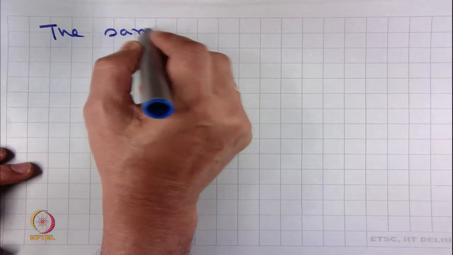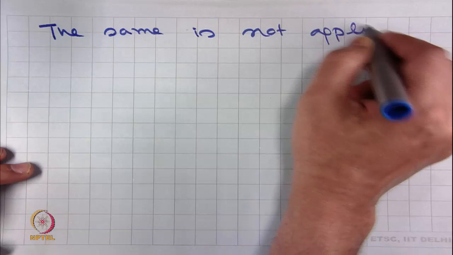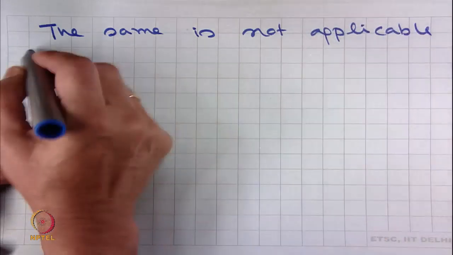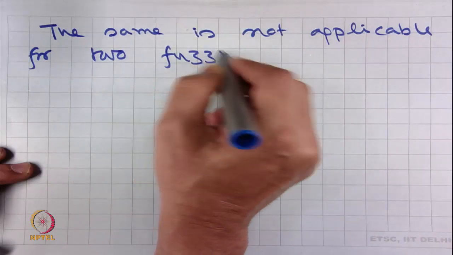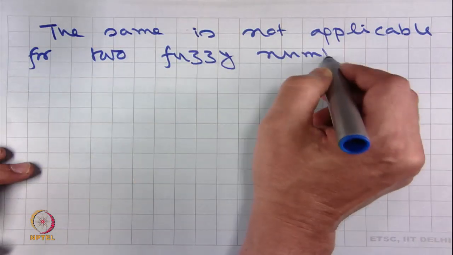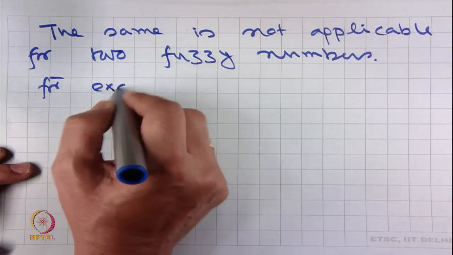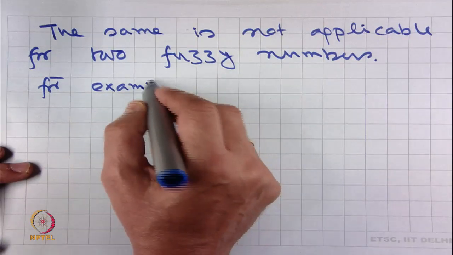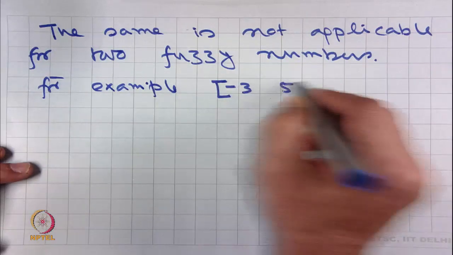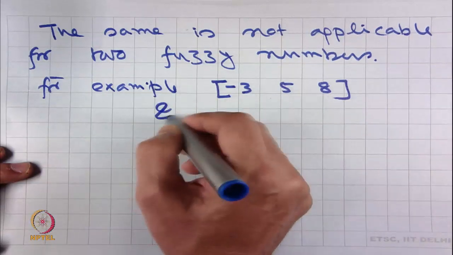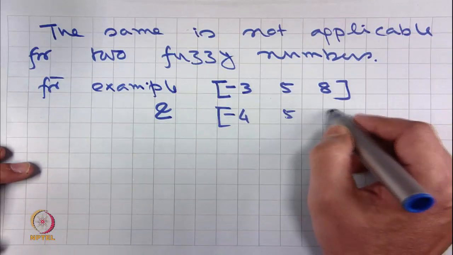This same is not applicable for two fuzzy numbers. For example, -3, 5, 8 and -4, 5, 9.